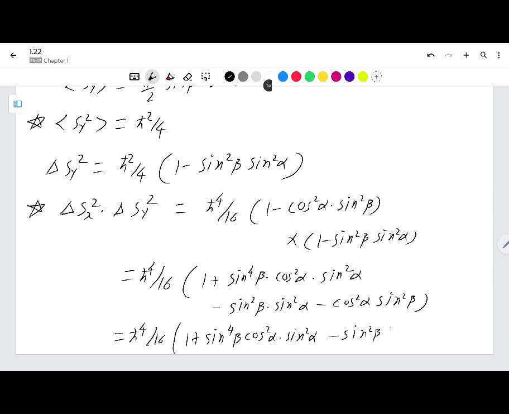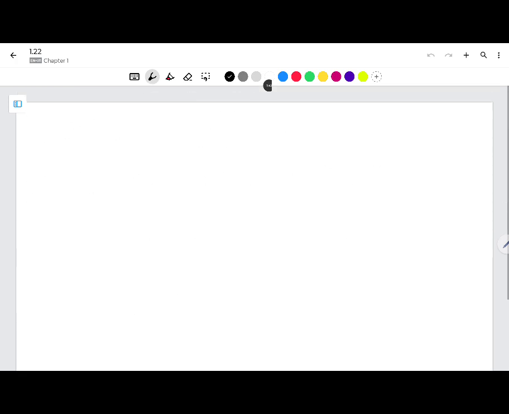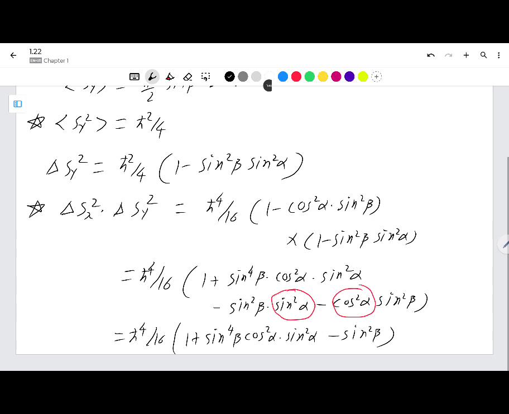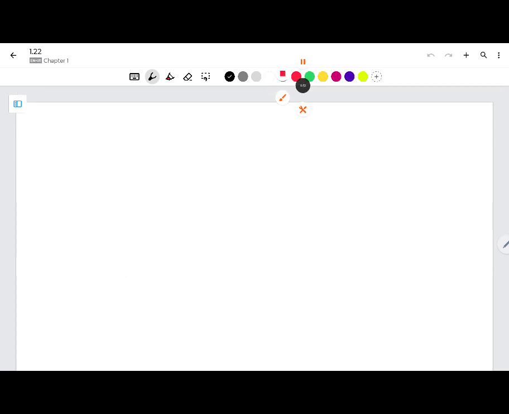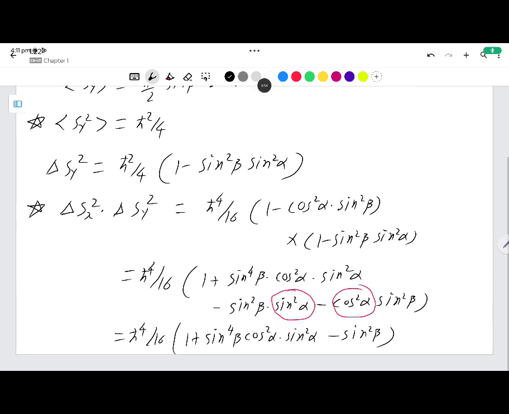The rest of the part is this, which will add up to 1. And again, I think we can take, okay, so what can we do? Maybe we can further simplify 1 minus sin square beta. This produces cos square beta.